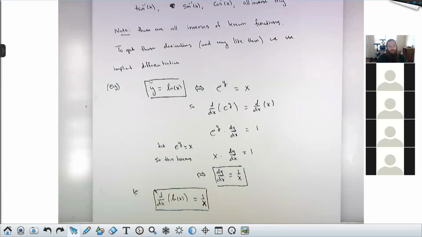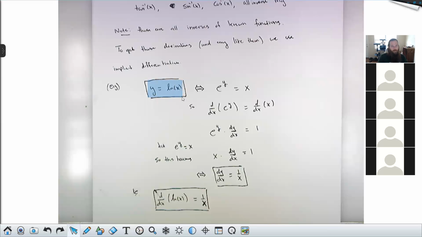We begin by rewriting this explicit formula as an implicit formula. This is called an implicit formula because it's not solved for y, right? Rather than having y equals some stuff, I have an expression that involves functions of y and functions of x. And then I differentiate implicitly on both sides with respect to the variable x, because my goal is to get dy dx.